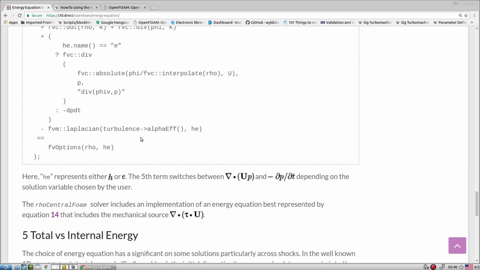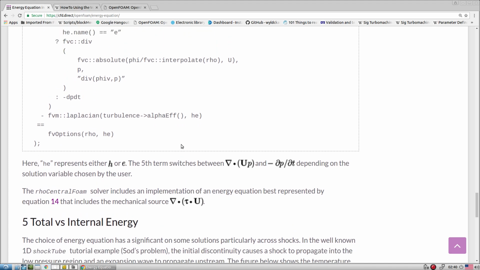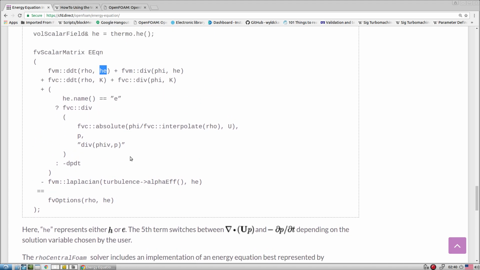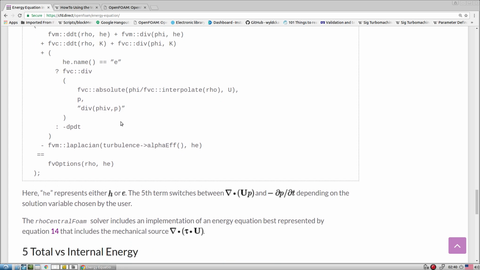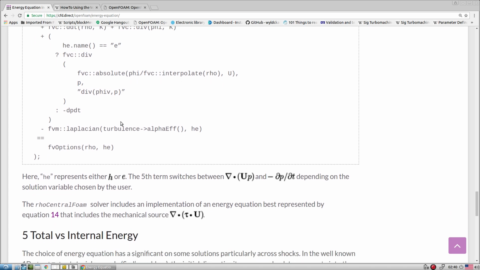Here H represents either H or E, so you have a chance to switch between internal energy or enthalpy. Both things are possible here. If we say H equal to E, then it solves for internal energy, otherwise it solves for the enthalpy-based equations. So that is the difference we have.